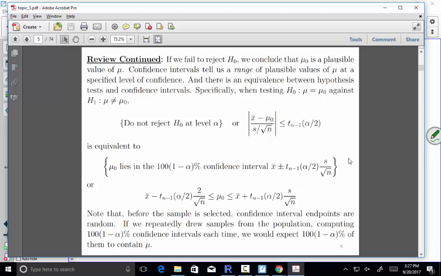And they're tied closely to each other. In particular, this plan to reject the null if our statistic is sufficiently far in the tails is equivalent to computing what's called a confidence interval and checking whether the hypothesized value of the parameter is inside that confidence interval. So these two statements are equivalent.